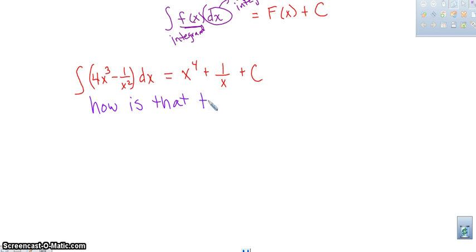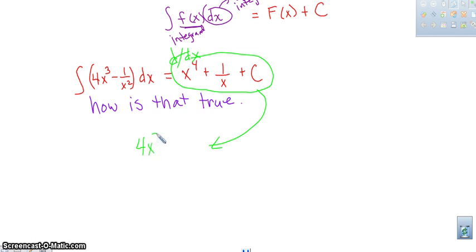What you can do without knowing any rules of integration is take the derivative of that. The derivative is 4x cubed, and then, remember, 1 over x is x to the negative 1, so minus 1 over x squared, and the derivative of the constant is 0. So is that true? Absolutely. That's how you could check without knowing any rules of integration. You could work backwards to check.